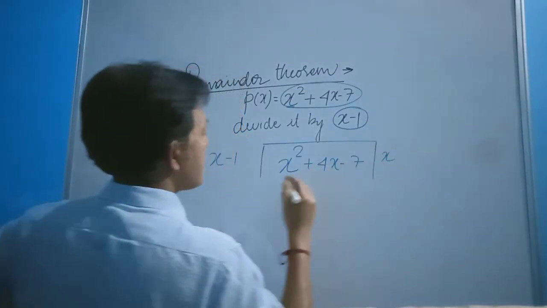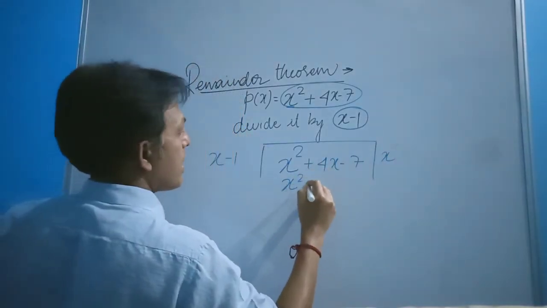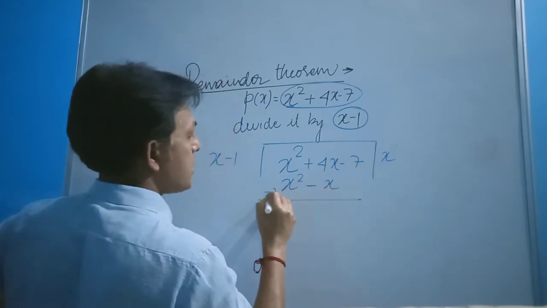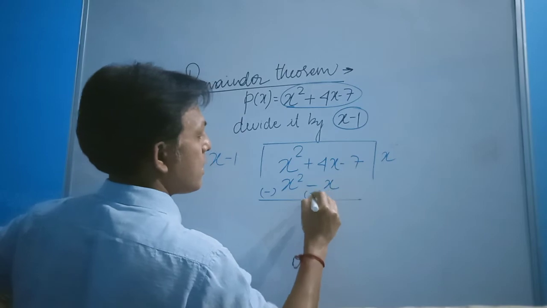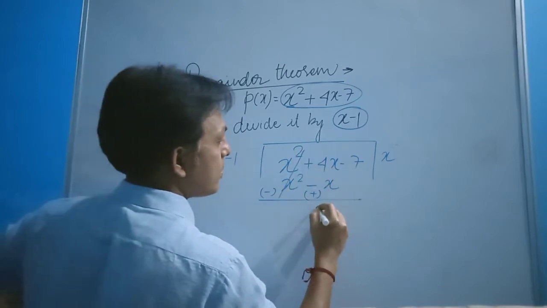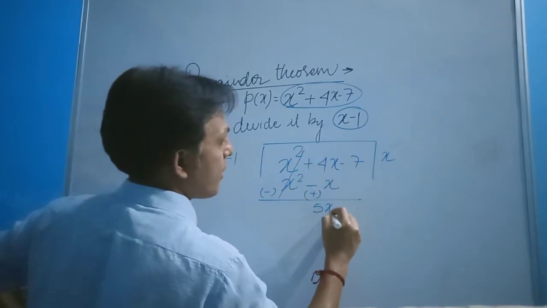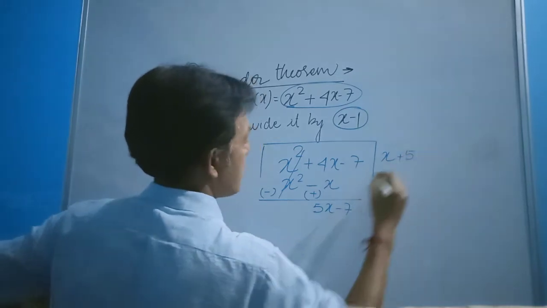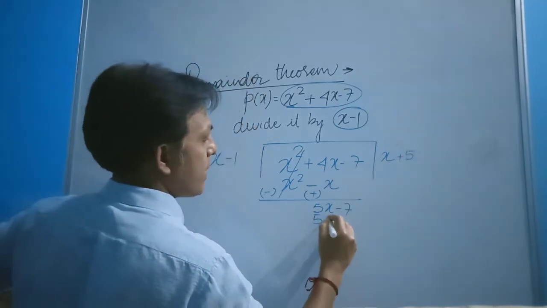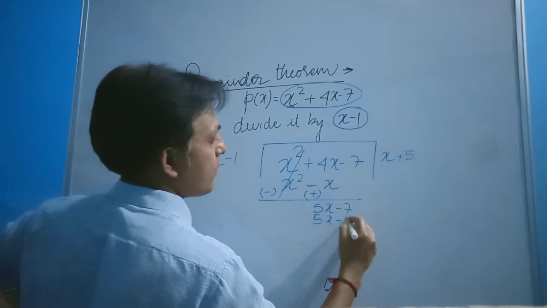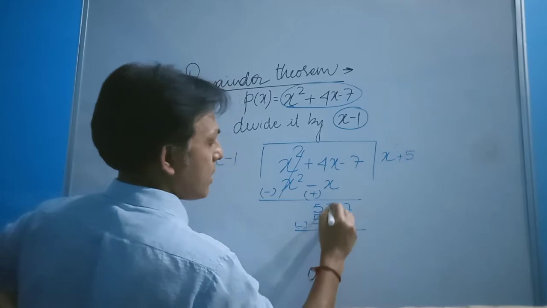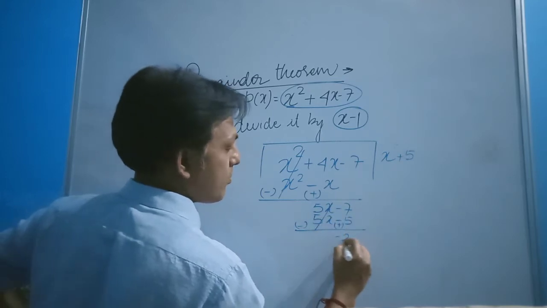So it will be divided by x times x square minus x, sign changed, cancelled out, it becomes 5x minus 7, plus 5 times 5x minus 5, sign changed, cancelled out, minus 2.